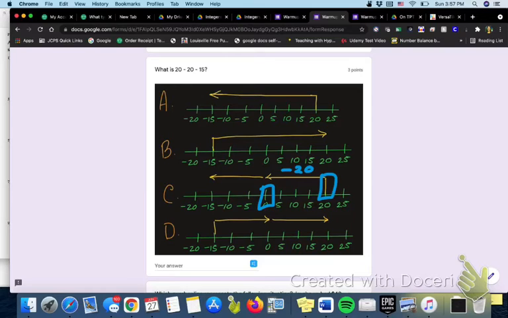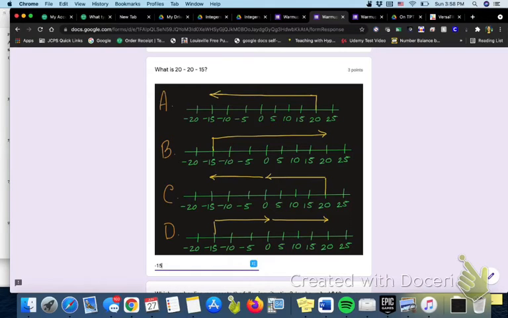And then we went another minus 15, which got us right here at negative 15.